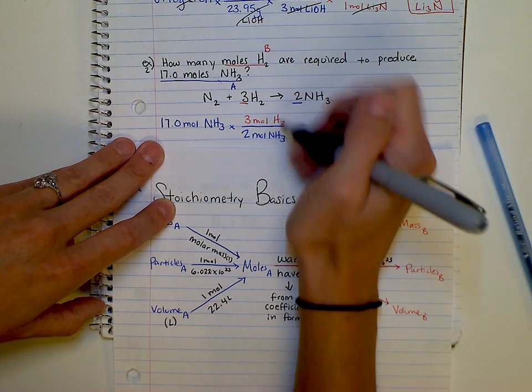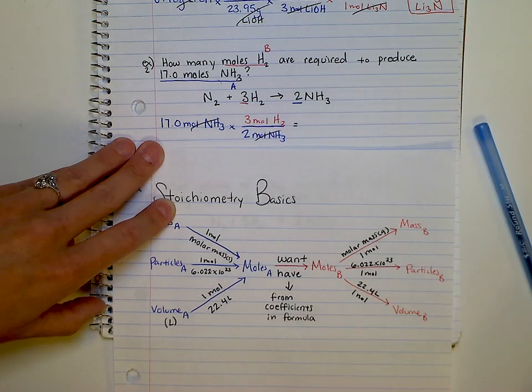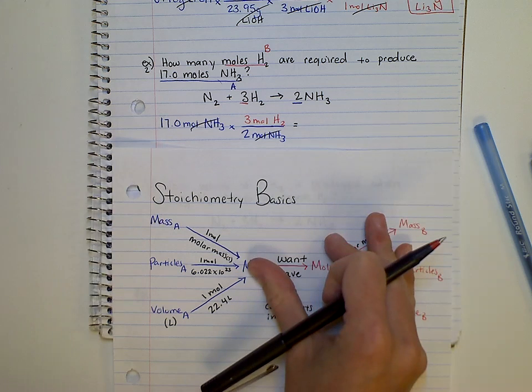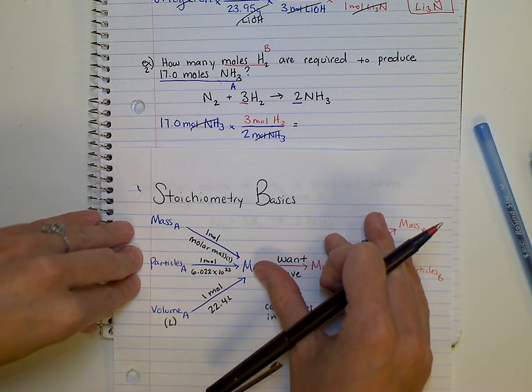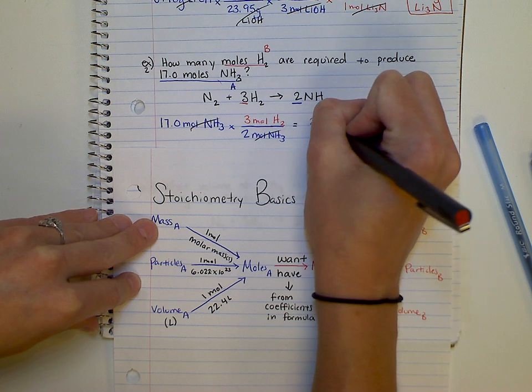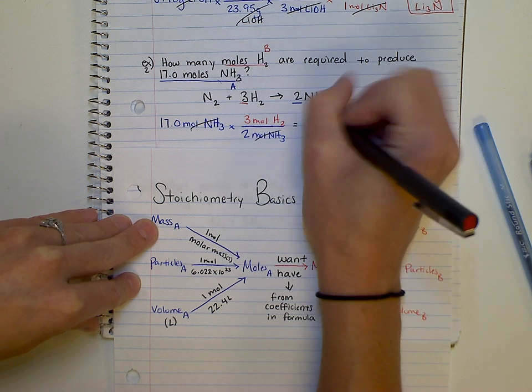Now I can double check that I've got everything set up correctly. I have moles of NH3 and moles of NH3 canceling out, leaving me in moles of H2, which tells me I did this correctly. And so doing that math out, I'll end up getting 25.5 moles of H2.